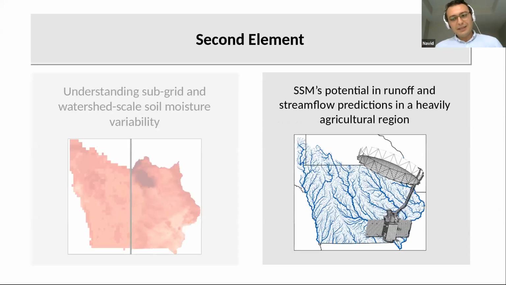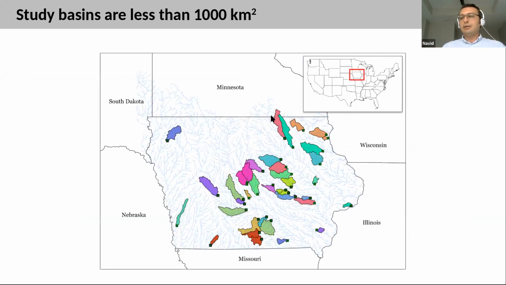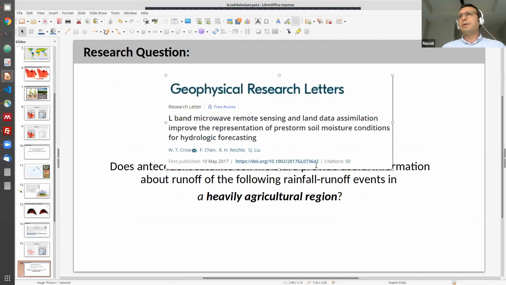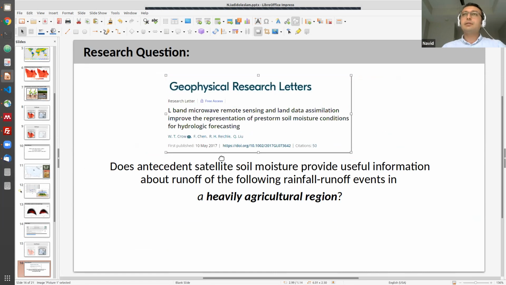The next element was to understand how useful these satellite estimations are for predicting the runoff for the next few events. Well, this study was motivated by a paper from Dr. Kra et al. that they published in GRL.